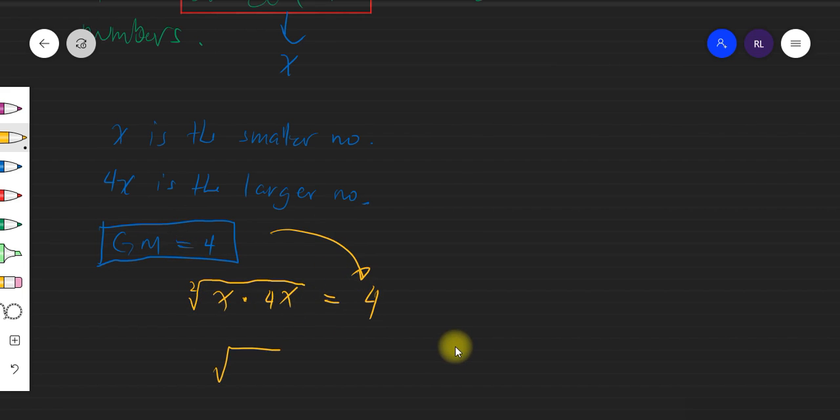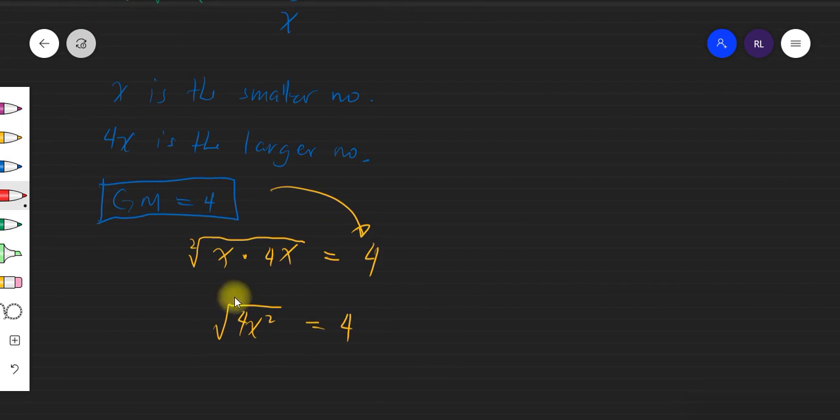We have the square root of 4x squared equals 4. The next thing to do is get rid of the square root sign, the radical. Since this is a square root, we will square both sides. We square this so that the square and the square root sign will be cancelled.